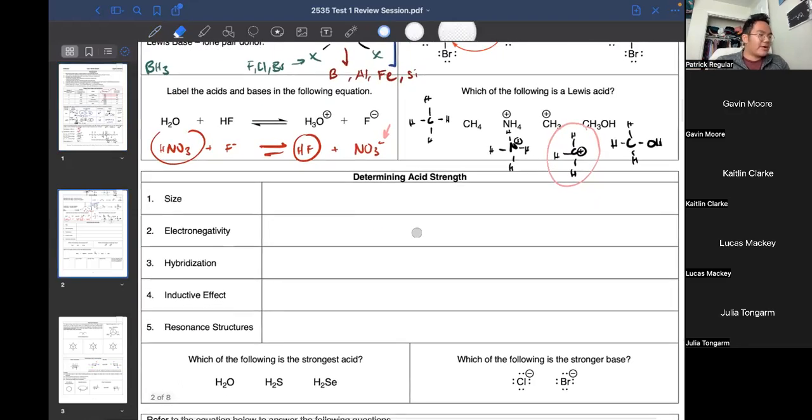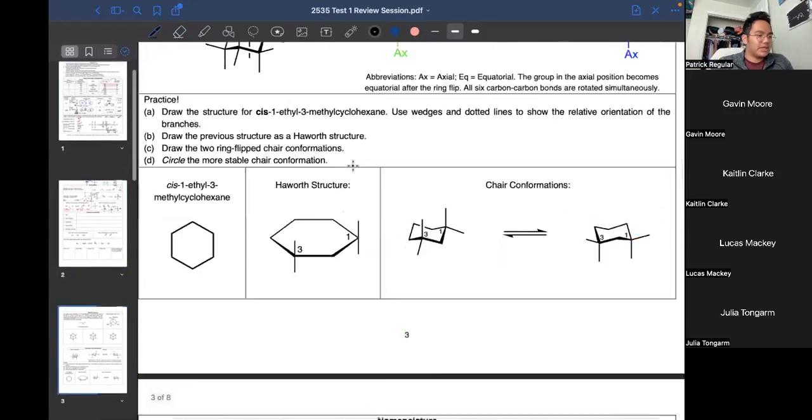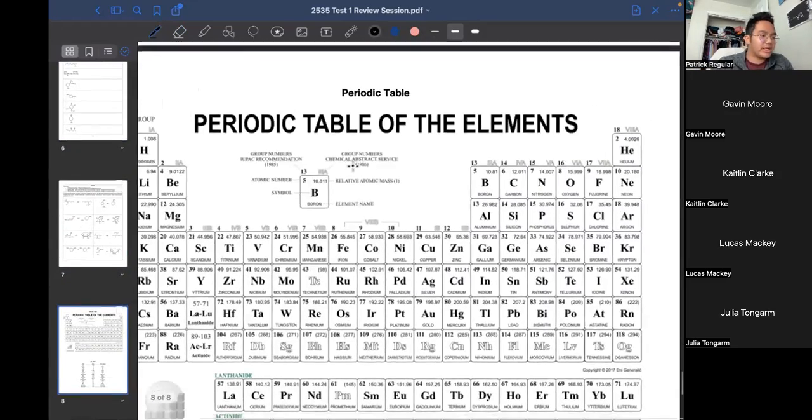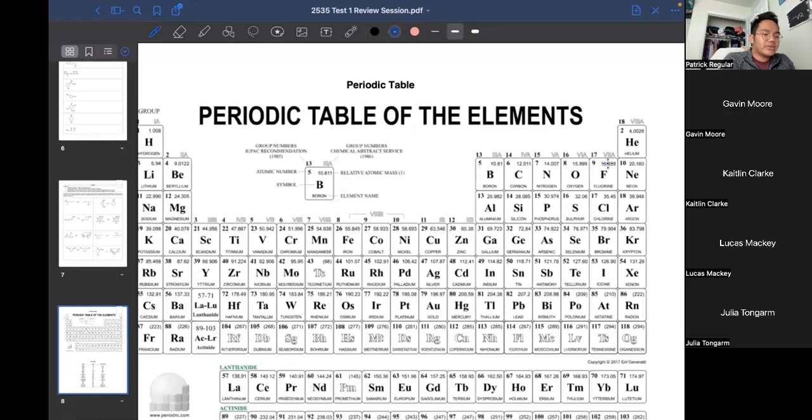All right. Now, acid strength, this is a little bit of a toughie. When we are comparing acids that are in the same group, if you have your periodic table right now, let me pull this one up. If you're comparing acids within the same group, size only matters when you're going down. So let's take nitrogen and phosphorus.